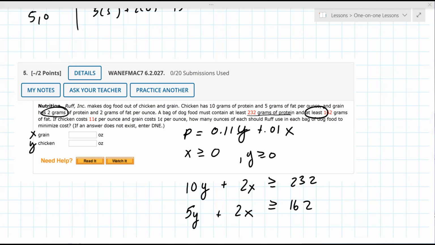So let me graph this, and then I will snip it over, and you can see what we're looking at. So we have 10y plus 2x. This time, instead of greater than or equal to, it's going to be less than or equal to.